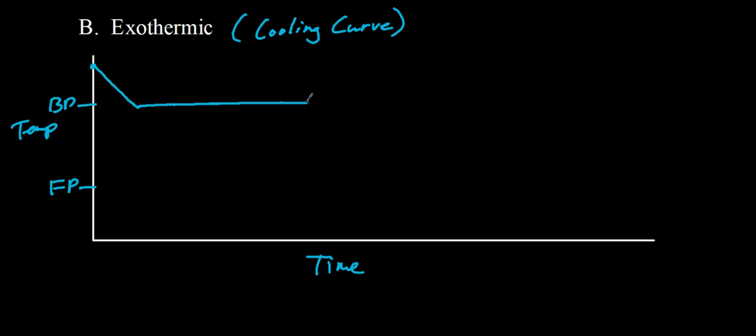And while it's condensing, its temperature remains constant. Once all the gas is condensed into a liquid, if you continue to remove energy, that liquid will cool down to its freezing point. If you remove energy from a liquid at its freezing point, that liquid will freeze. While it's freezing, its temperature remains constant.